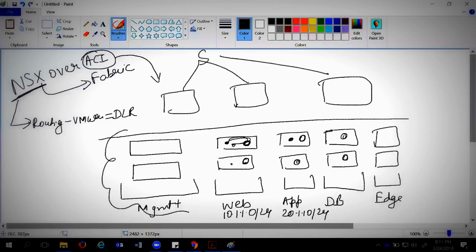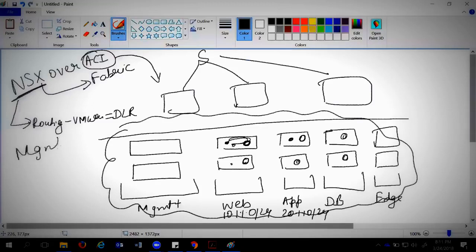And we see all these things as a bunch of VMware cloud where we have to create management traffic EPGs. Similarly, we have to create data traffic EPGs, and we have to create edge traffic EPGs.